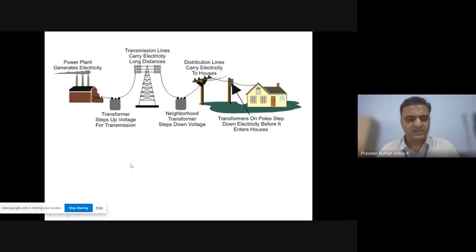So where are transformers used? If we understand the basic power systems, we have transformers near the power stations, where we step up the voltage that is generated from the power station.